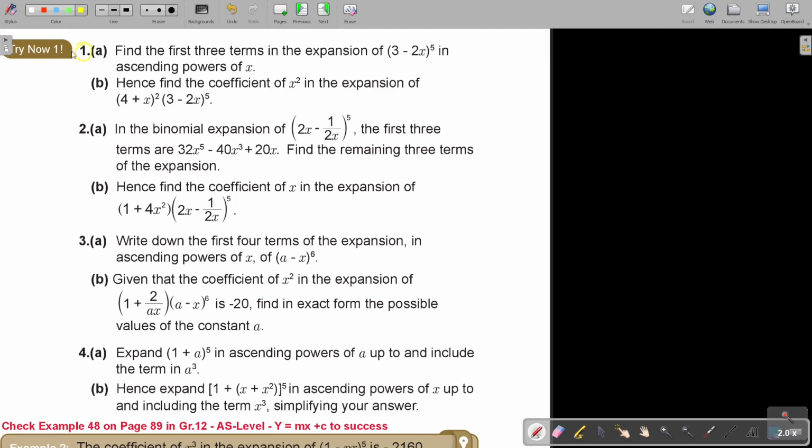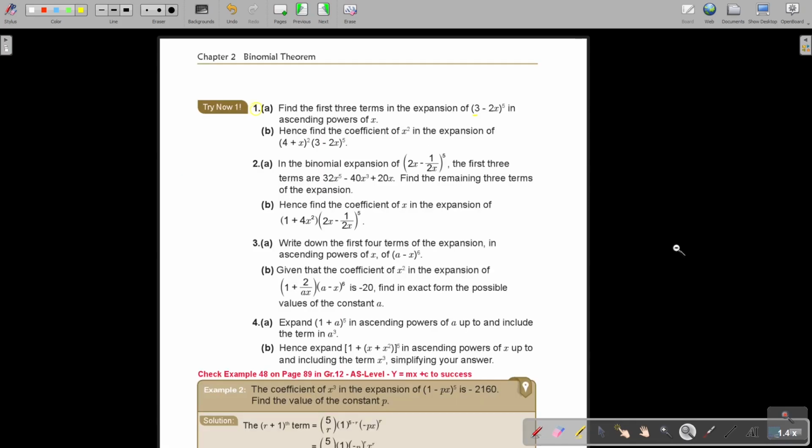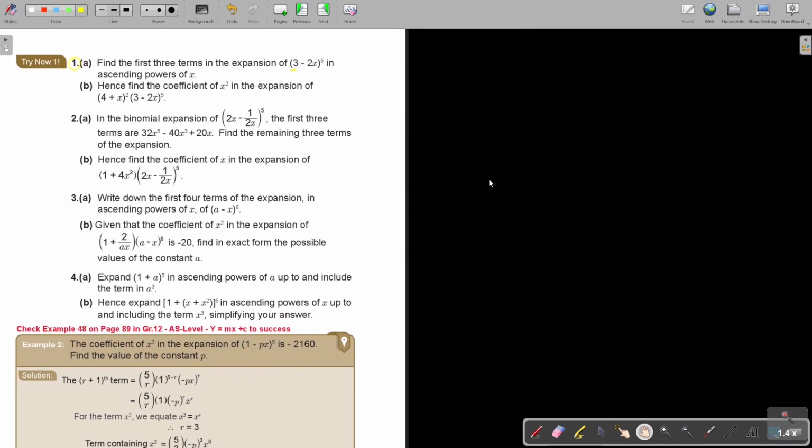Number 1. Find the first three terms in the expansion of, in ascending powers of x. Now be careful. Now they started with a 3, so I will just go to the general formula. So if I go to the general, and I'm just going to make it a bit smaller, and I write a few things out so that I don't make mistakes. Don't like making mistakes.